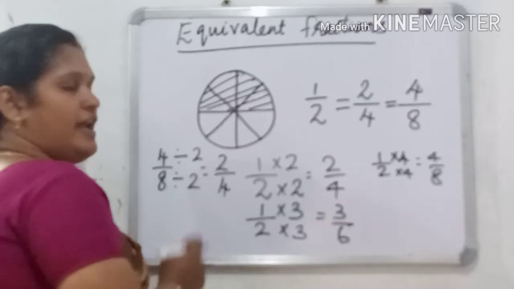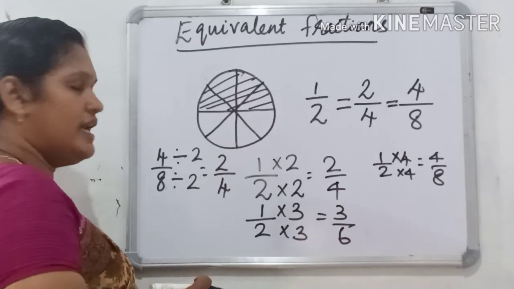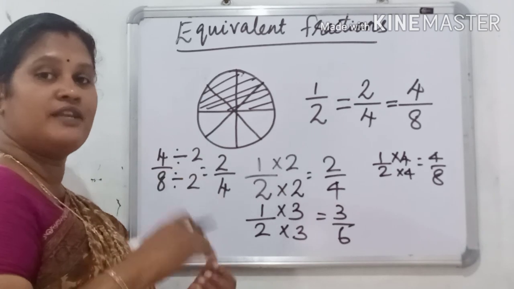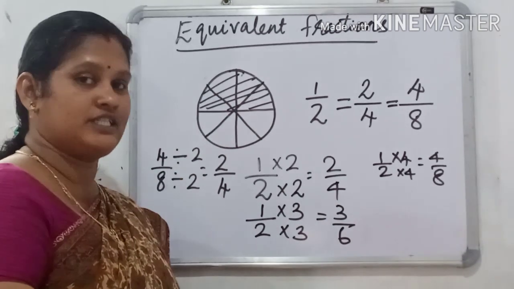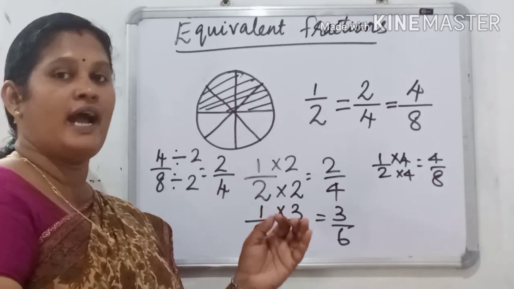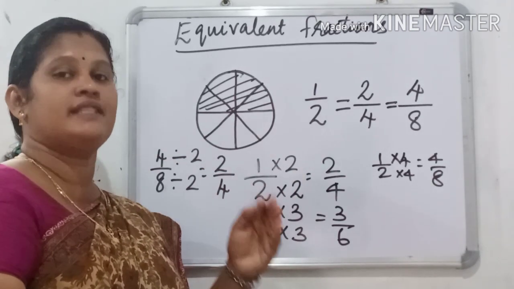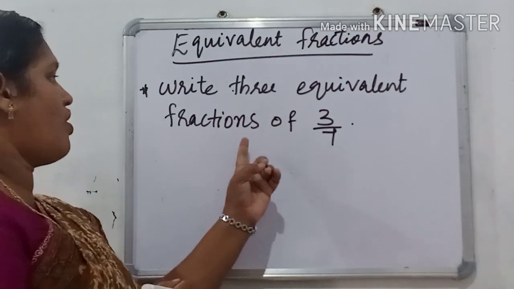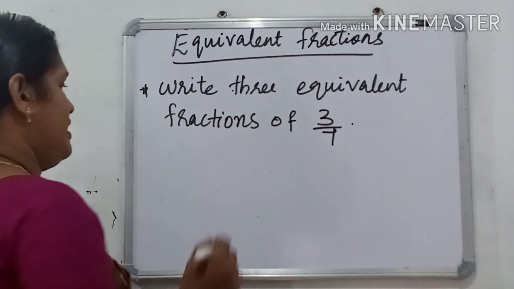In this way also we can find the equivalent fraction. How do we find the equivalent fraction of a given fraction? We can multiply or divide both sides by the same number. Clear? Write 3 equivalent fractions of 3 by 7.